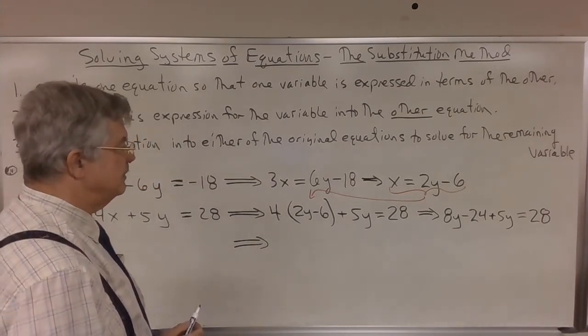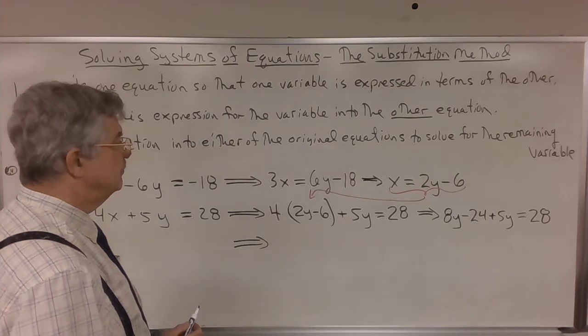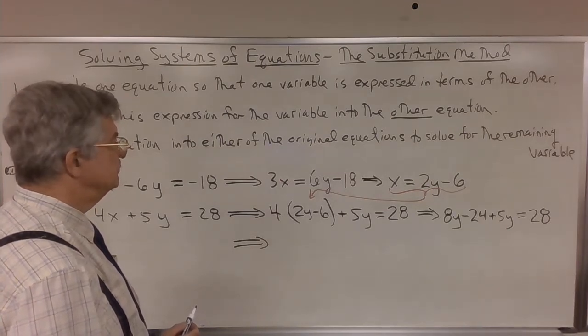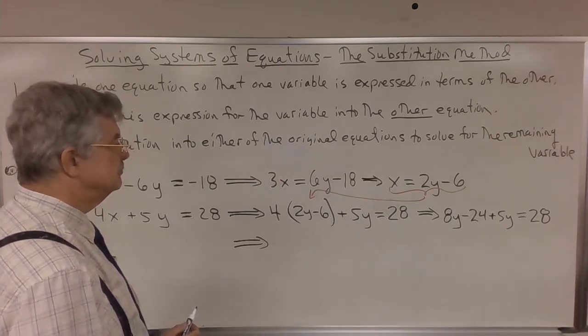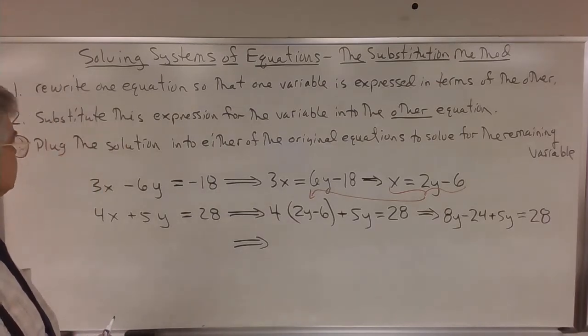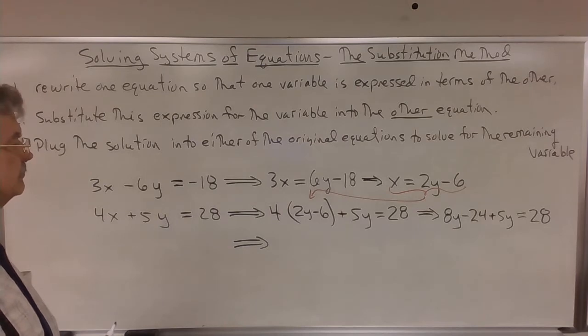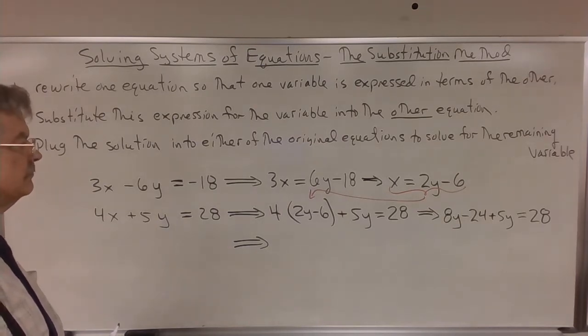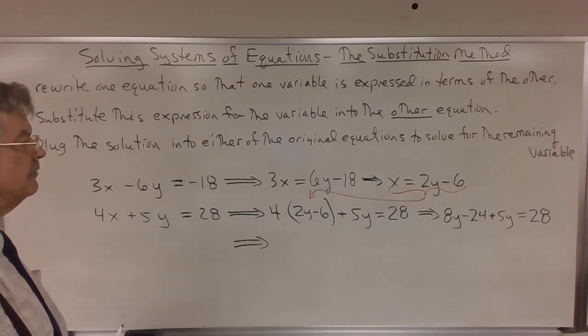Let me make sure. Eight y minus 24 plus 5y equals 28.